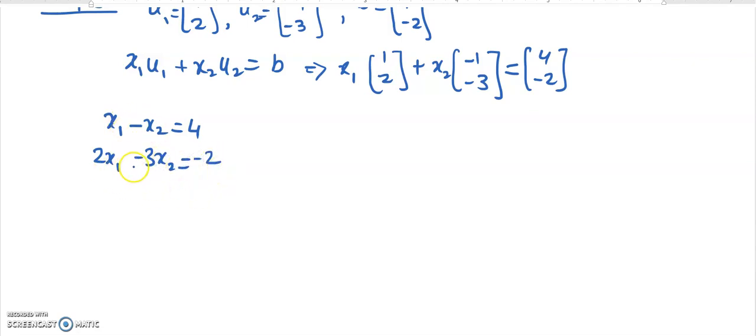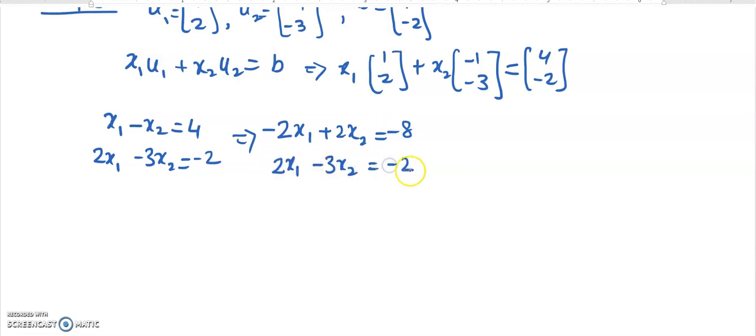So this is a system of two equations, and we can solve them. We can apply the Gauss-Jordan or Gauss elimination method, whatever method you want. But in this case, maybe I can simply multiply the first equation by -2. So it will be -2x1 plus 2x2 is equal to -8, and then 2x1 minus 3x2 is equal to -2.